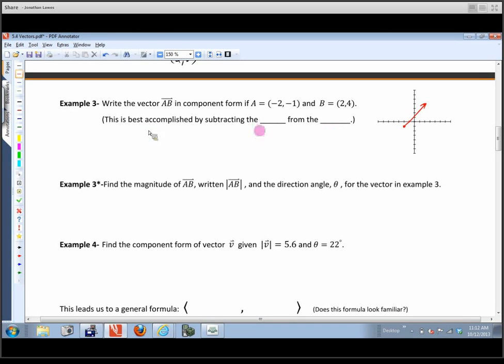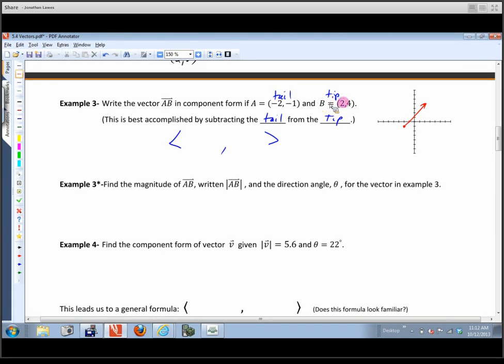The best way to write a vector as a position vector, or a radius vector, is to subtract the tail from the tip. So we're going from A to B. So this is the tip, and this is the tail. We put this in component form by taking the tip and subtracting the tail.